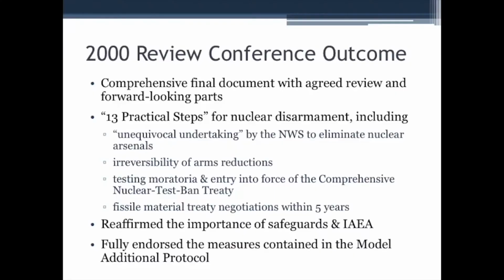The 2000 Review Conference adopted a comprehensive consensus final document, which, among other things, contained 13 practical steps for nuclear disarmament. And that is the set of decisions that is very often referenced in the subsequent review conferences and other review process meetings.